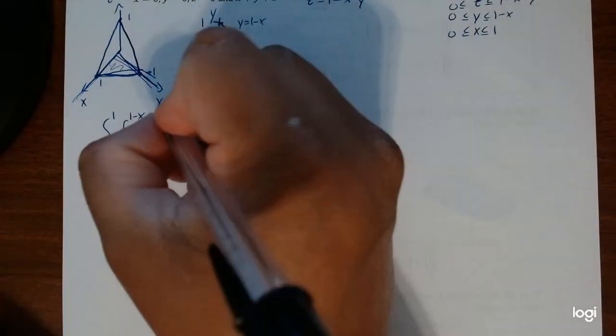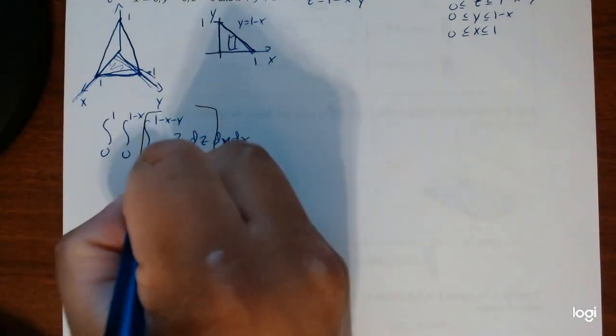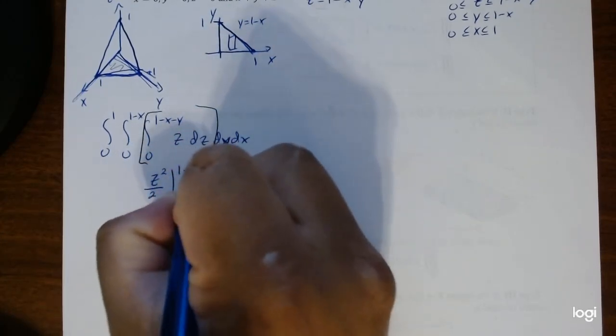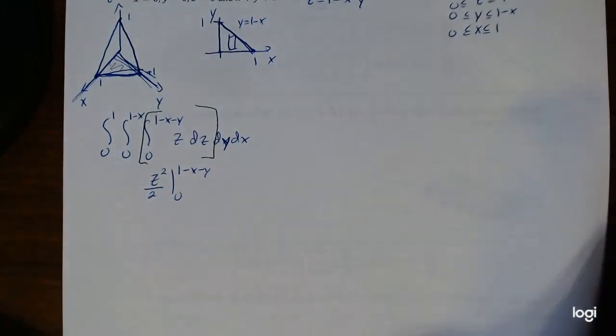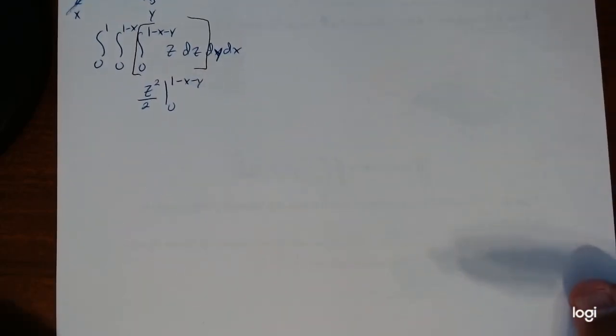Right, now we just take the integration with respect to z. So that's going to be z squared over 2, evaluated at each one. And again, like everything else, you plug in 0, it goes away. So it really just depends on the first part.